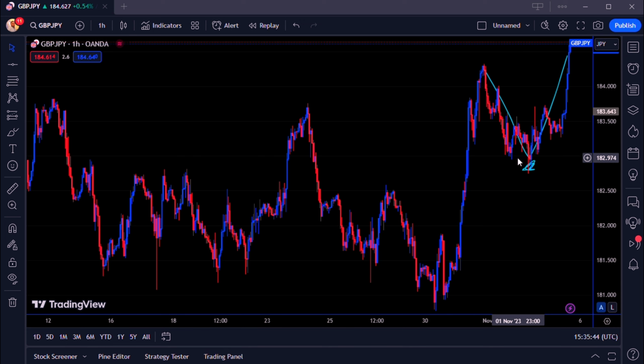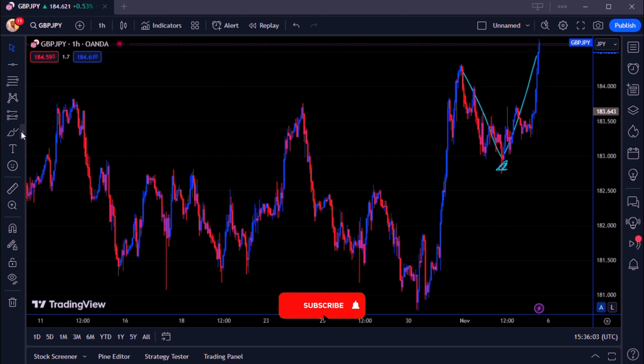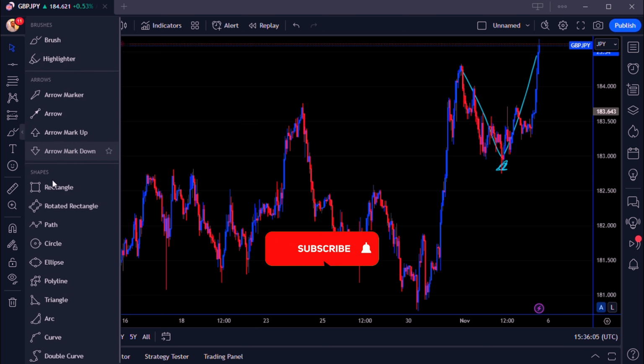At this pullback level, the market price surprisingly obeyed a previous resistance level that was broken a few weeks ago. Now, here's our support level. Remember, when a market price breaks a resistance level, it becomes a support level if price bounces off that same level. Let's take out our drawing tools.